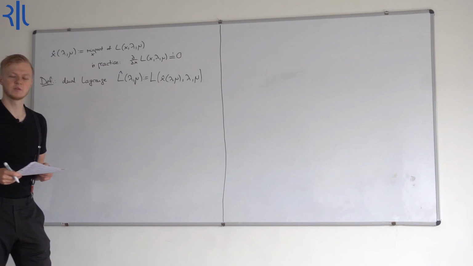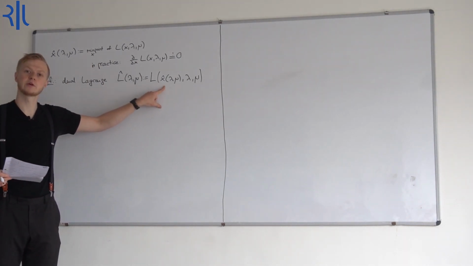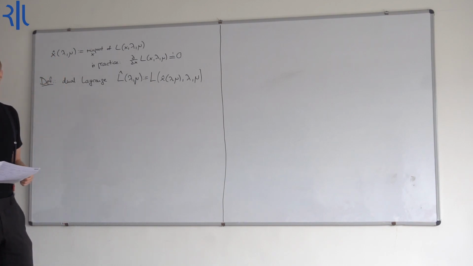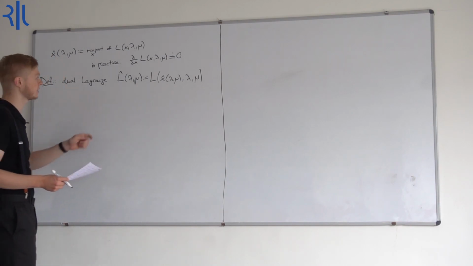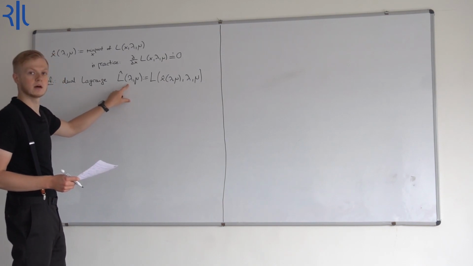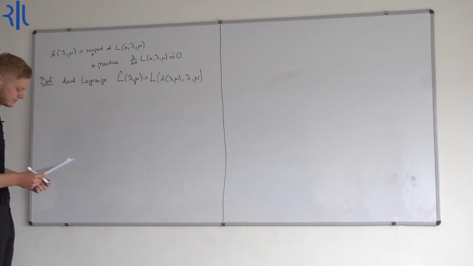And the dual Lagrange function is nothing but the original Lagrange function where we put in our expression for x hat, which basically eliminates x as a variable, and the dual Lagrangian function now only exists as a function of lambda and mu out of those two variables.